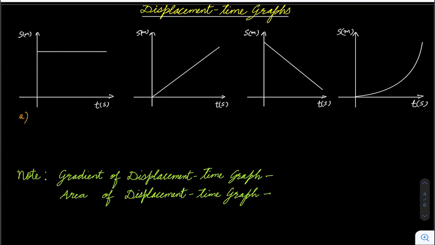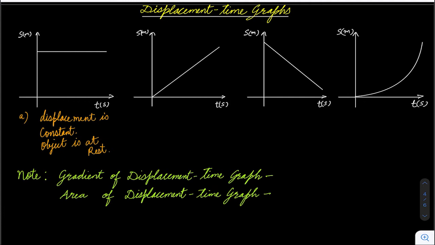In the first graph, displacement is constant with time. So what does this mean? The particle, or object, whatever it is, is at rest. It's not moving at all.